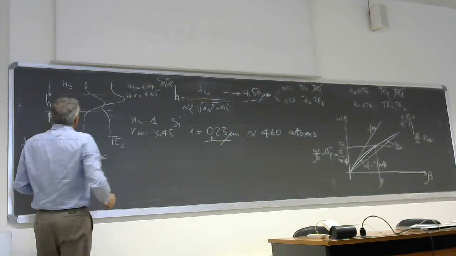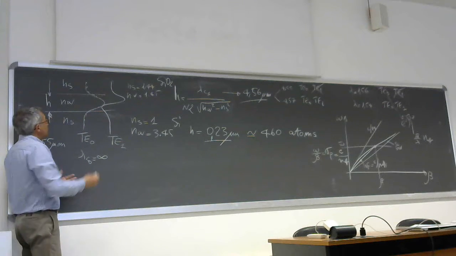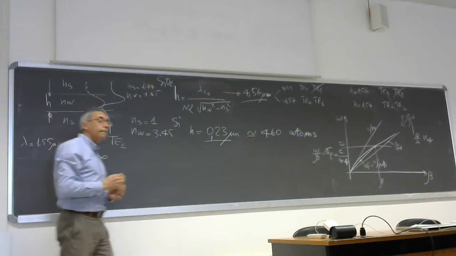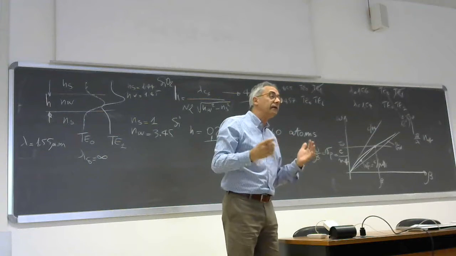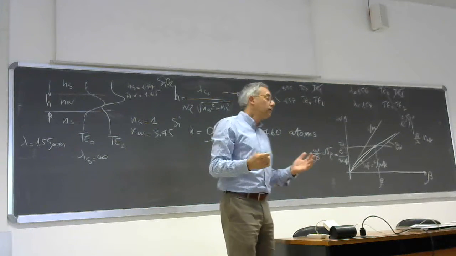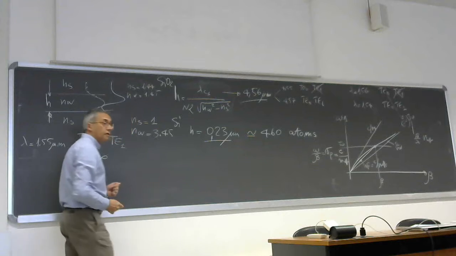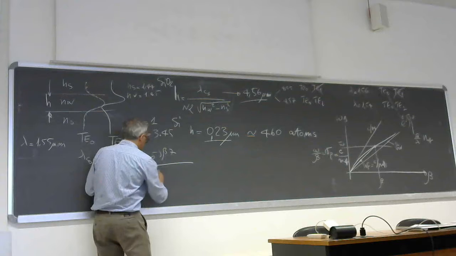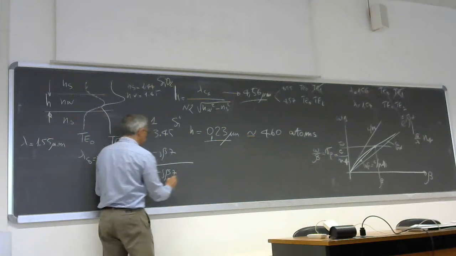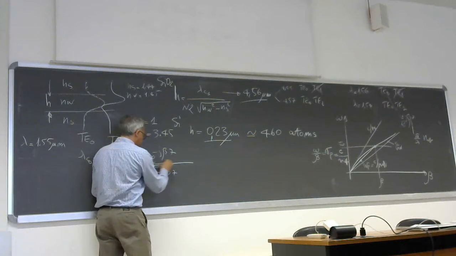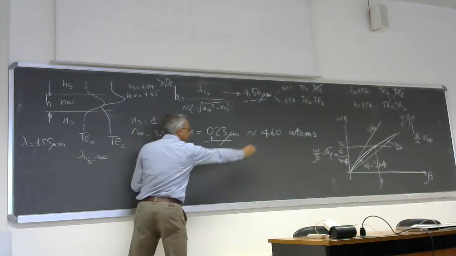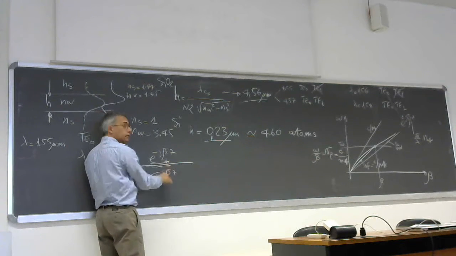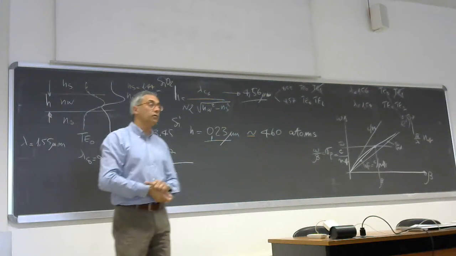This is the way we impose the continuity of the field across the interface. So beta is the same. The field outside behaves like this, the field inside like this. So you have the continuity of these two. These two must be equal at every point, at every z, so this is the only way to achieve the continuity of the field everywhere.